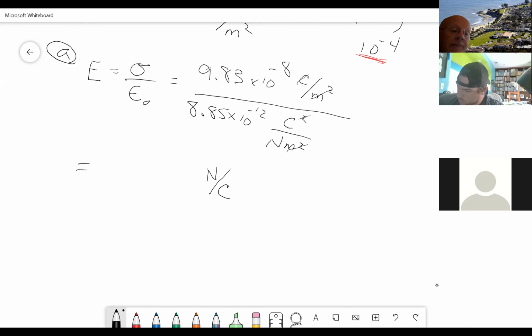And I again get 11,011, or it looks like a bunch of ones. And I suppose we could round it to 11,000 kilonewtons per coulomb.